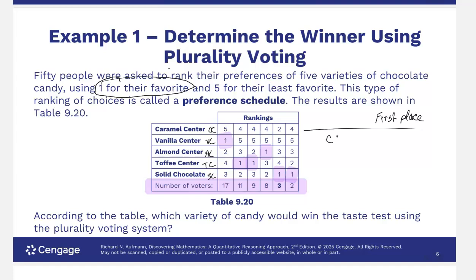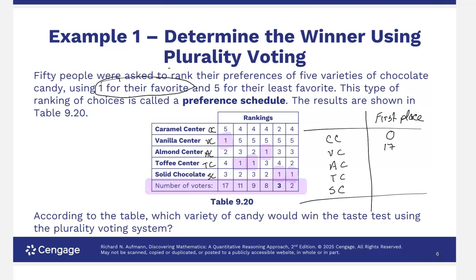And I've got my different types of candy. So no one thought Caramel Center was their favorite. So that's going to be a 0. Vanilla Center, we had 1, but there were 17 that voted 1 there. So that's going to be 17.